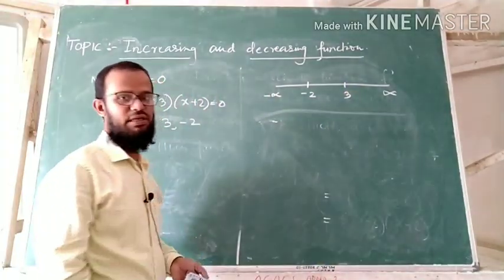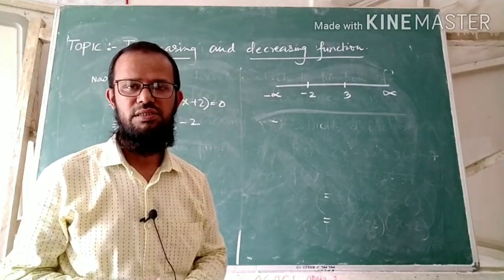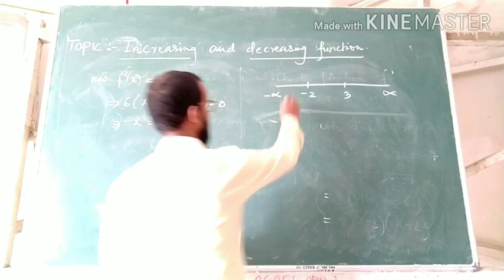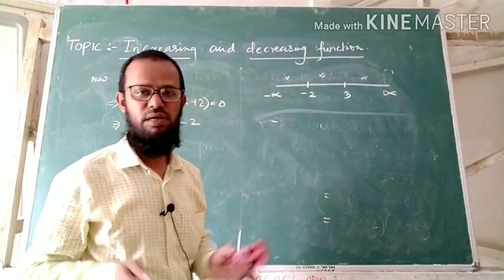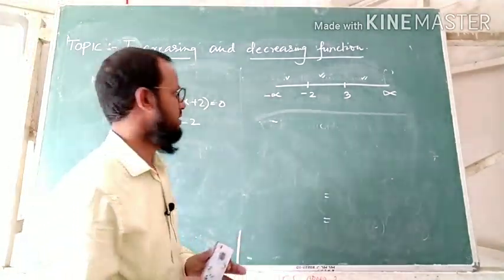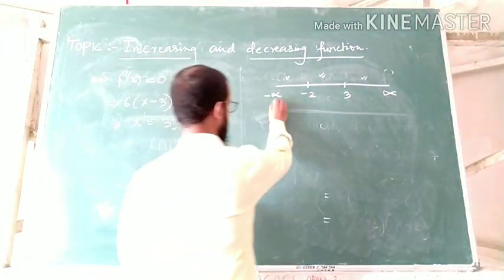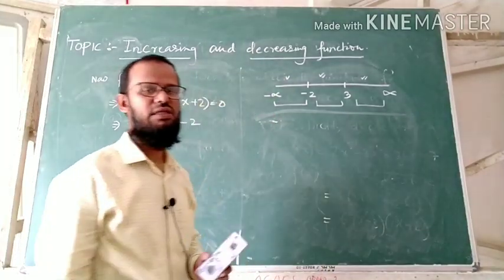Ultimately, these -2 and 3 divide our interval into how many parts? 3 parts. This is one part, this is the second part, and this is the third part. 3 disjoint parts, excluding the critical points. One part is from here to here, and this. These are the 3 disjoint parts.